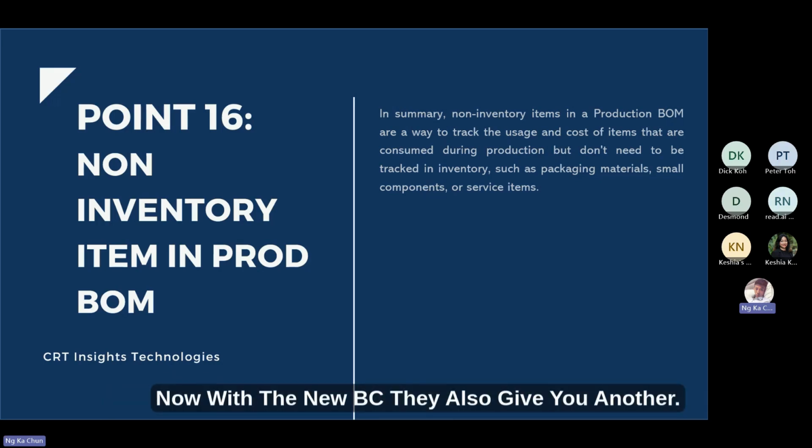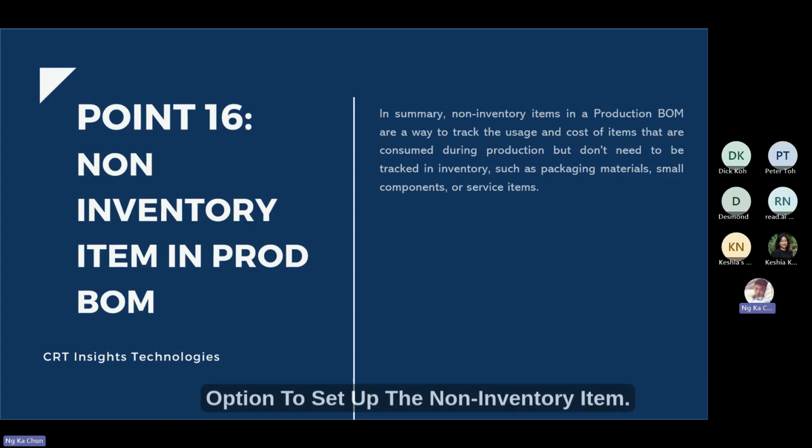Now, with the new BC, they also give you another option to set up non-inventory items in your production BOM. That means you can now take your non-inventory item as part of your output cost. So you can track the non-inventory item in your production.